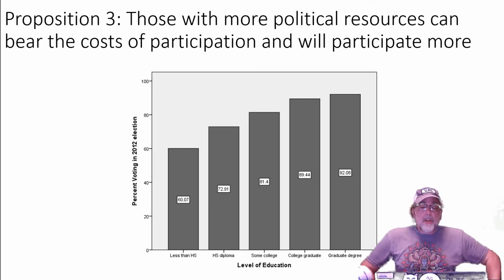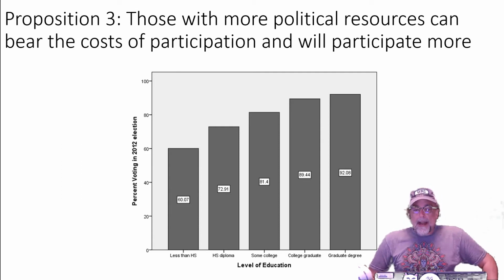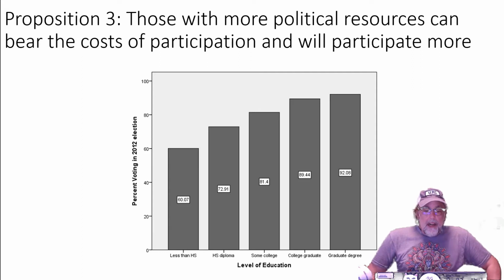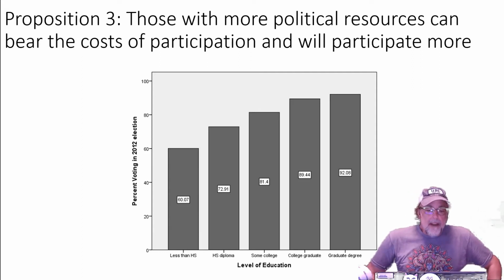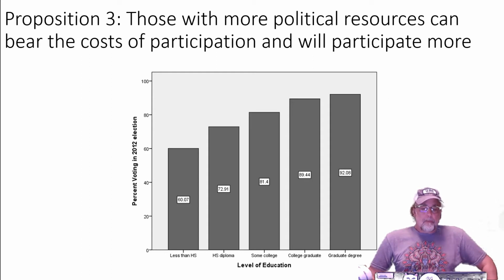Proposition number 3 says those with more political resources can bear the cost of participation and will participate more often. So on the horizontal axis here, as a measure of political resources, we have level of education. It's been arranged from less than high school up through a graduate degree, and then the percent voting in the election.